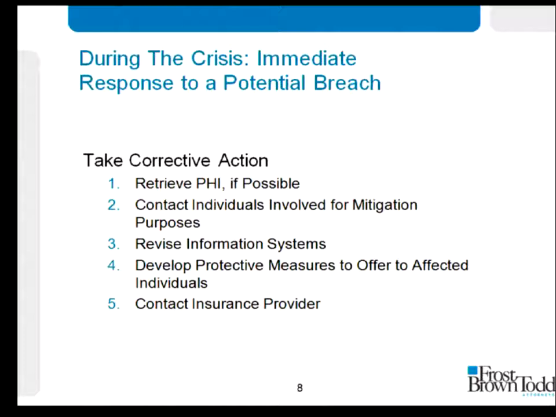Look to your business associate agreements to see whether or not you're obligated to provide credit monitoring or fraud protection or however you want to handle that. But you do want to start considering how you're going to deal with the individuals who are going to receive this notice about the breach.